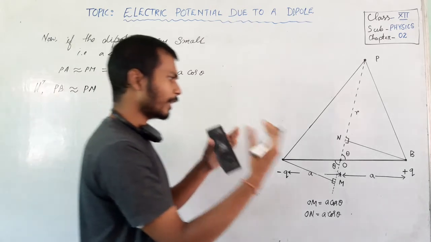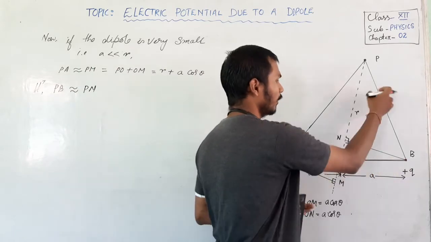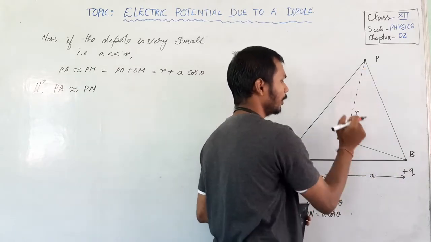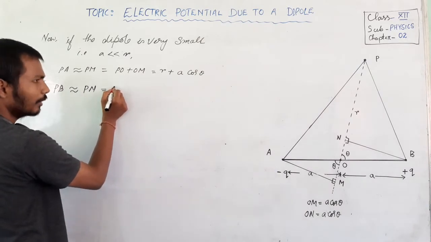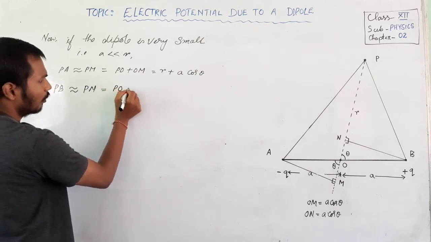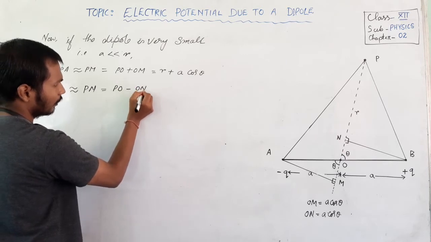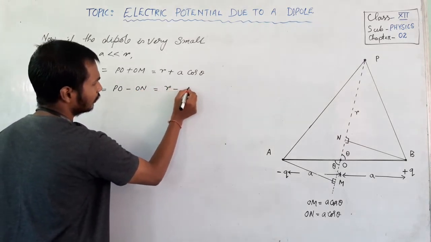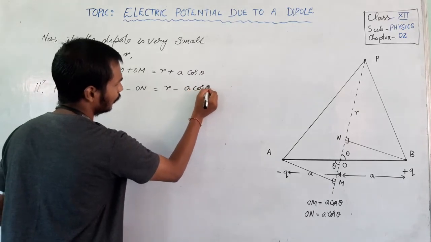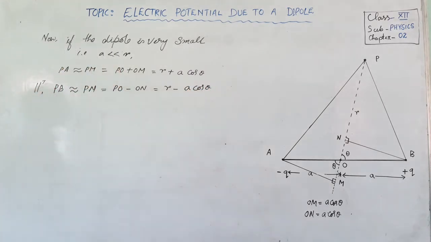If the dipole is very small, then this PB will be similar to PN. Okay. So what is the value of PN? PN will be equal to PO minus ON. So PN is R minus A cos theta. Clear? Everything is done? No doubt.